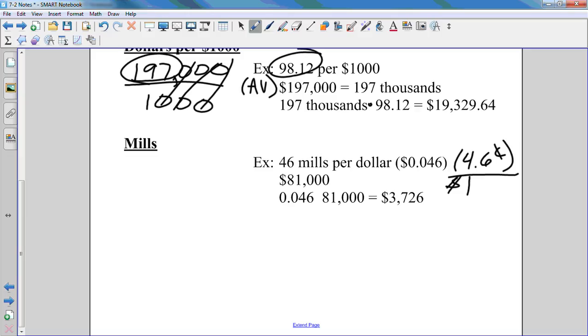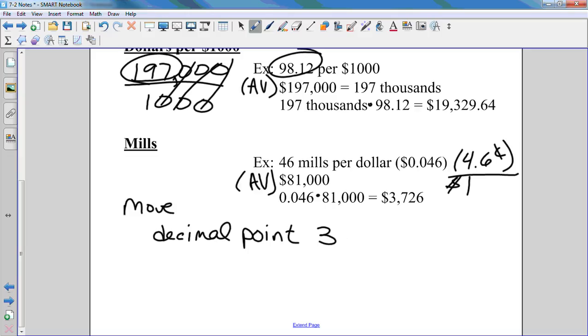So suppose I own a house and the assessed value is $81,000, and my rate is 46 mils. I'm just going to move the decimal point. Move the decimal point 3 times and multiply. So that's what I did here.